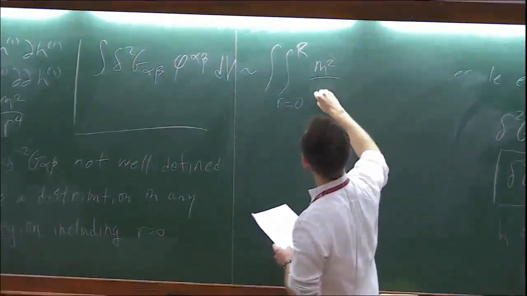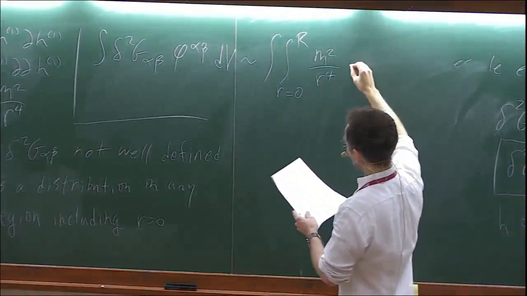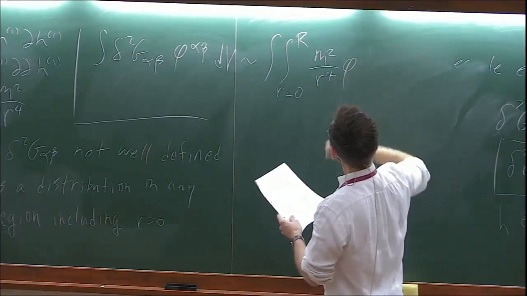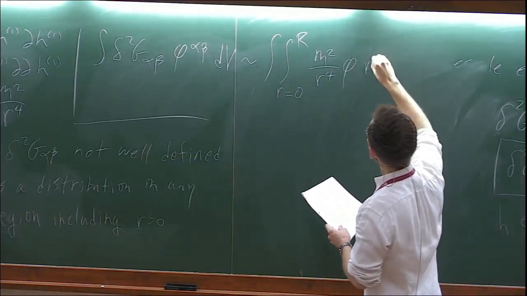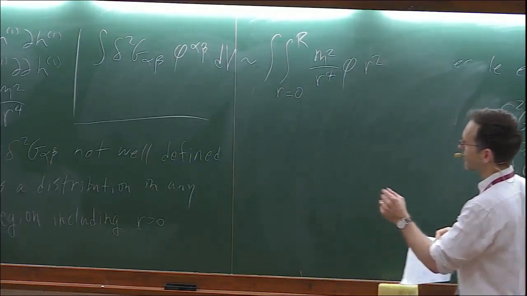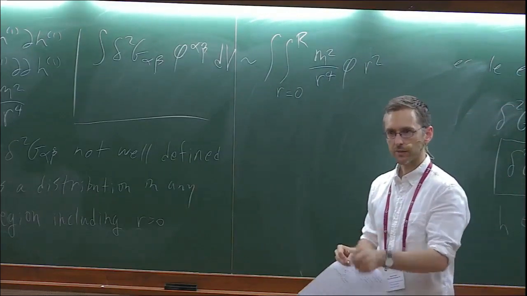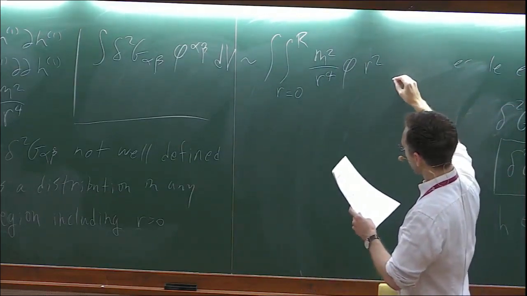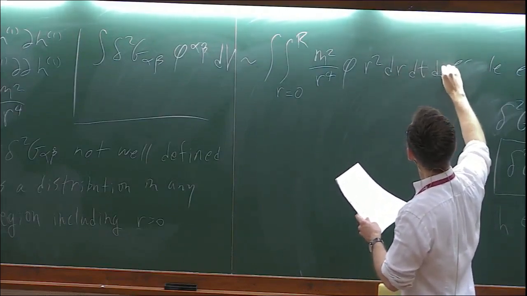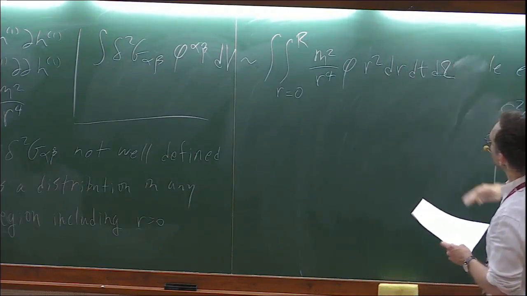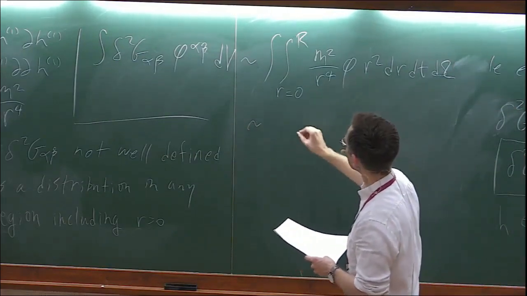So we put in 1 over r to the 4 for the delta squared g. And let me just drop indices in both quantities. And now the volume element, as you get really close to the particle, you're looking at a very small patch of space-time, so it looks just like flat space. So here you've got r squared over r to the 4.